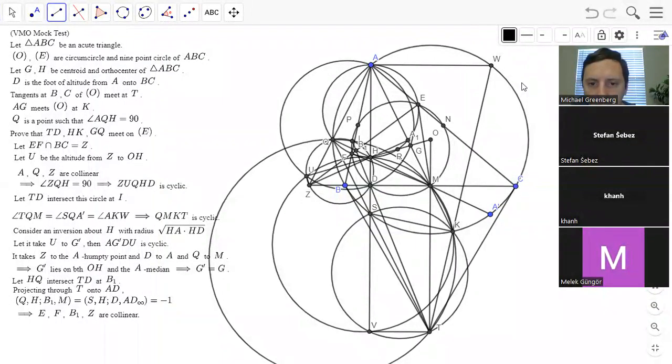And you can use Reim's theorem to prove that Q, I, M, K, and T are cyclic. Basically, that I lies in the circle.